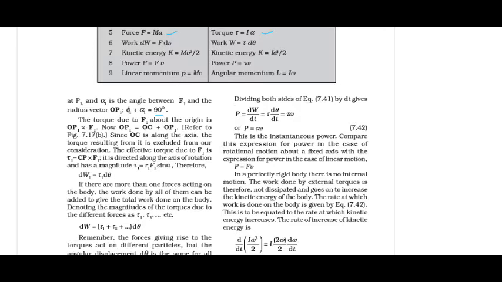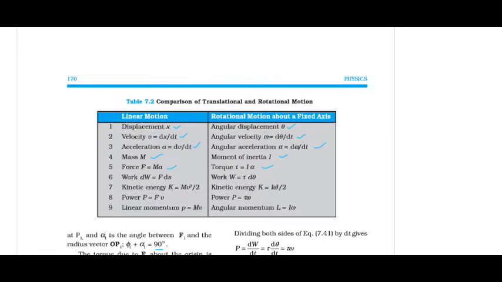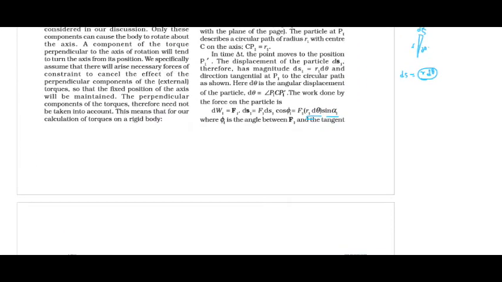Therefore, cos phi 1 we can write as cos of 90 degrees minus alpha 1, that is sine alpha 1, from the trigonometrical law. So we got this.